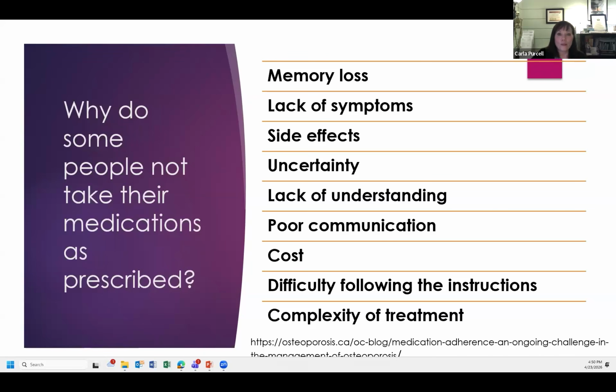Sometimes the cost is prohibitive, so if people can't afford it, it's very hard. And there are some pretty intense instructions with these medications, and sometimes that's hard to follow. And if you're on a whole lot of different medications, sometimes people don't want to take them because of the potential complicated treatment and the scheduling of everything.